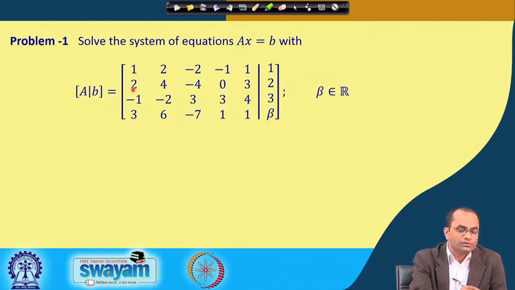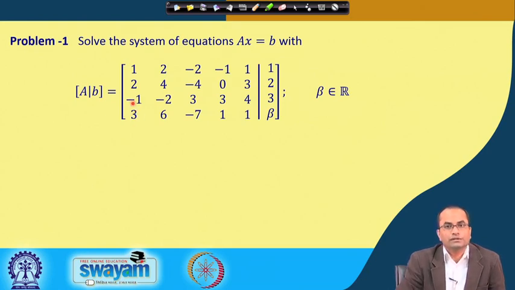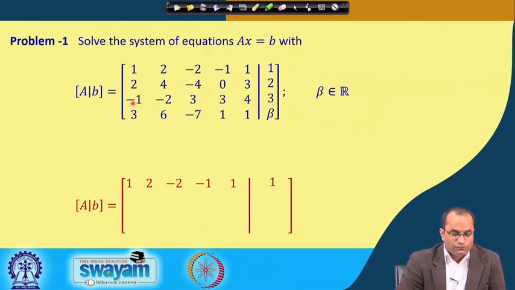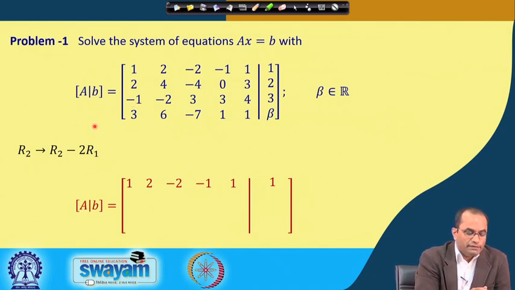Our focus is just to set this to 0, rest everything will change accordingly. We will eliminate this x1 from equation number 2, this coefficient from equation number 3, and also from equation number 4. So for that we need to do this elementary operation.